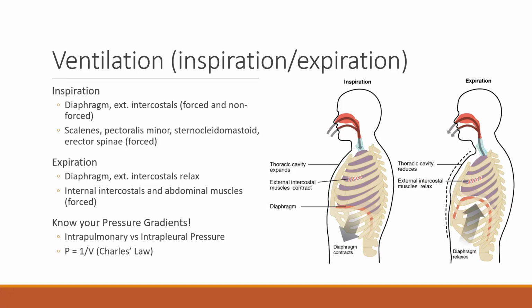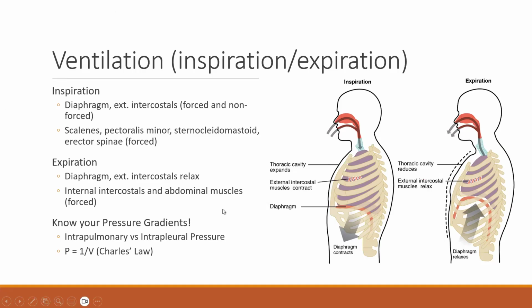I've only really seen one or up to two of those questions on the exam. You might get asked a question on forced inspiration and then on non-forced expiration, or some combination like that. So just prepare for that; I'm giving you a list of the muscles involved to help you prepare.